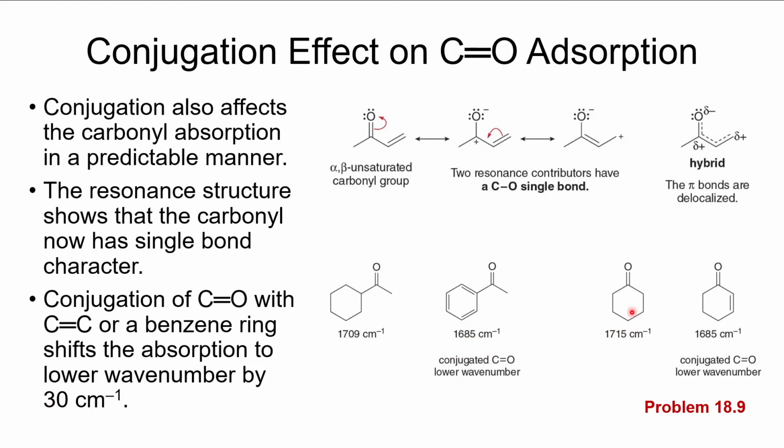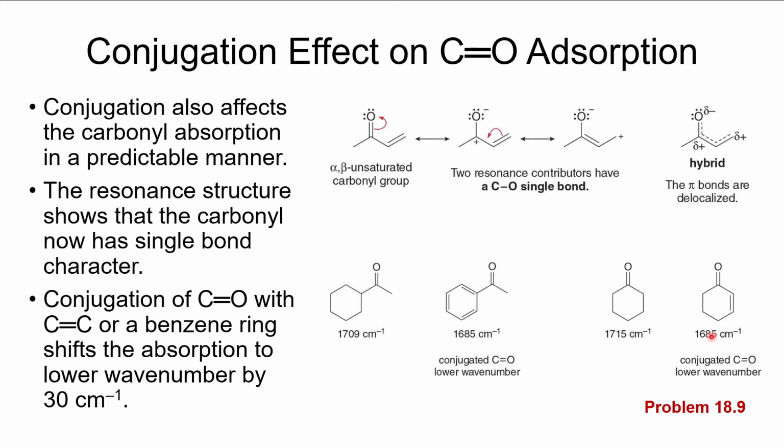Same thing here. Here we've got cyclohexanone, and here we've got this alpha-beta unsaturated ketone with a double bond in between the alpha and beta carbons. And you'll see, again, almost perfect. It looks like it's perfectly there. It's 30 reciprocal centimeters less. So having conjugation will decrease the frequency and also, therefore, decrease the wave number.